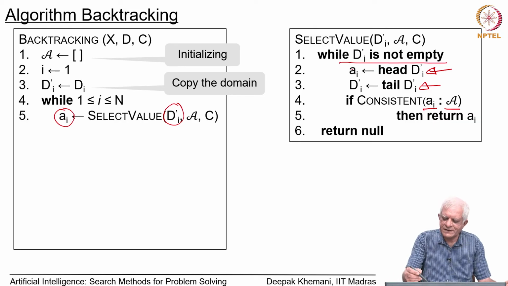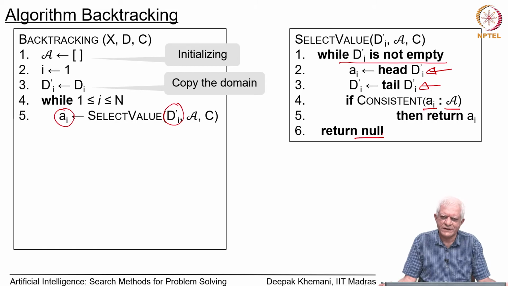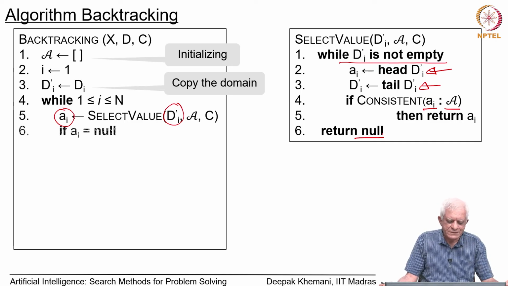If that does not happen and we keep cycling through this while loop till it becomes empty, then we will return null. So, there are two possibilities: either we return a value a i which is consistent with the previous variables, or we return null. When i is equal to 1, there are no previous variables, but as we progress there will be. The main algorithm, backtracking, handles these two cases.